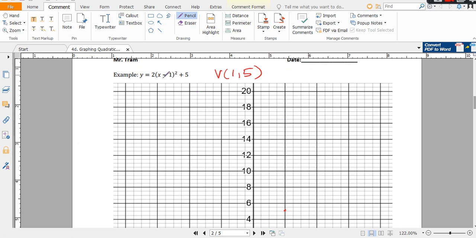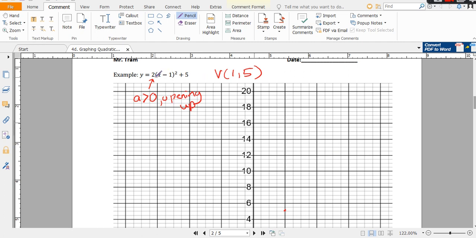If I look at this equation again, if my a value, thinking back to transformations, is bigger than 1, then I know it would be opening up. Okay? Because a negative a value implies there's a reflection, which means it will be opening down. So because a is positive, so a is bigger than 0, then it's opening up. So I know my parabola is going to look something like that.